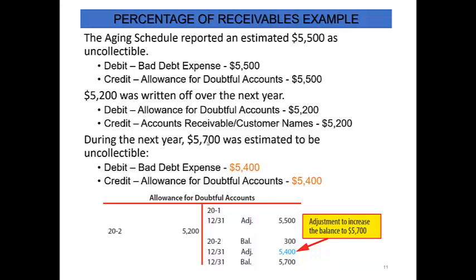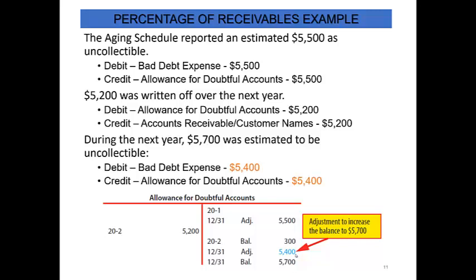So at the end of year two, we've made another estimate so we can create another journal entry. But this time our estimate is $5,700. That means we want our ending balance in the allowance for doubtful accounts to be $5,700. So you ask yourself, what do I need to add to $300 to bring my balance to $5,700? And that's going to be a credit of $5,400.